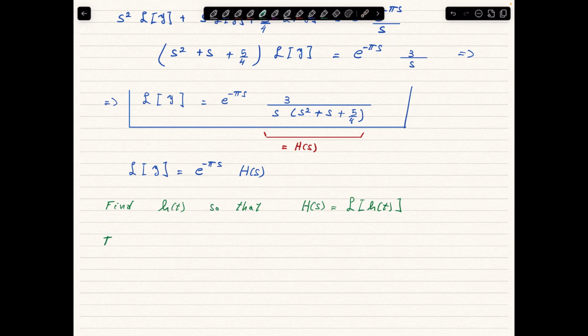Then, let's put it here, the Laplace transform of the function we are looking for, y of t, is the exponential minus pi s as usual, but now we know that this big H is actually the Laplace transform of little h. So this is the Laplace transform of little h of t. And now we can use a translation property right here.